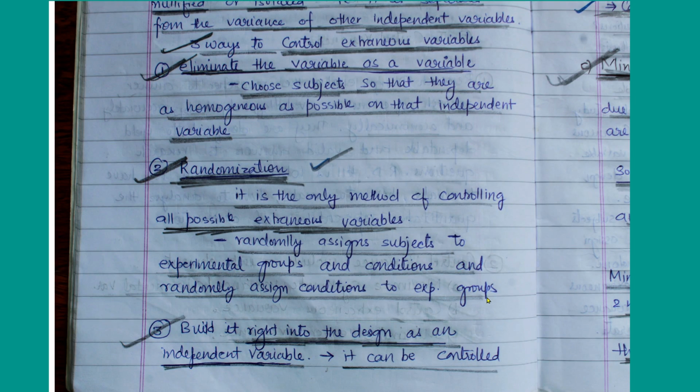Now the second one: within that also, if you have selected farmers, then within that also if you are collecting data, then randomization. The second one is randomization. It is the only method of controlling all possible extraneous variables. Randomly assign subjects to experimental groups and conditions, and randomly assign conditions to experimental groups. Suppose you are doing a field experiment, so you have to randomize. You can select data after randomization.